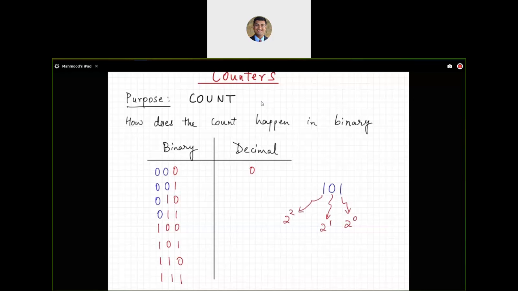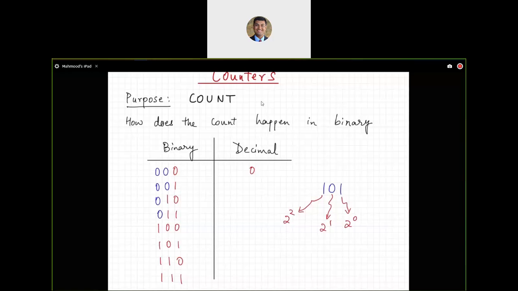Why is that? Why is it 2? Because it is a binary number system and there are only two possibilities for any number, 0 and 1. And the power of that 2 goes from 0 to 1 to 2 and it keeps increasing as we have more and more binary bits on the left.